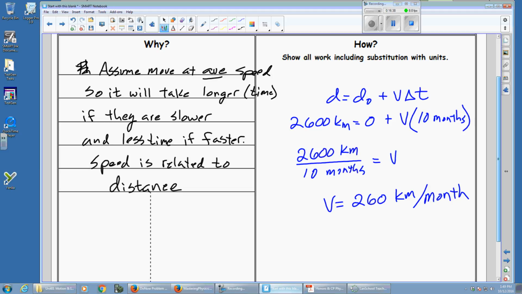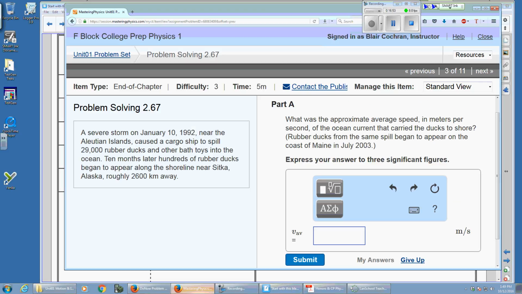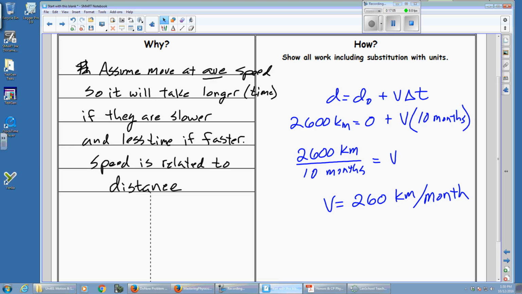It's a rate at which your distance is changing, right? What units do they want me to use? Meters per second. All right. So kilometers per month is kind of a wacky unit, isn't it?